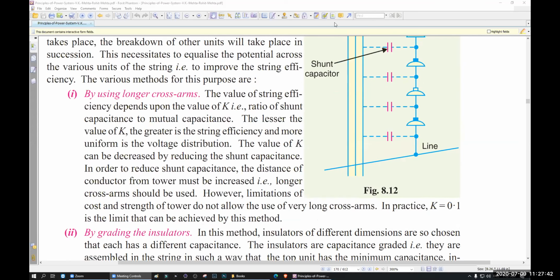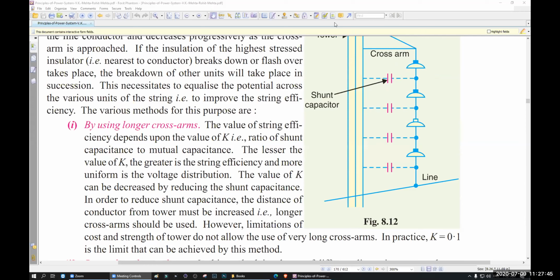So in practice, what is done? In practice, they keep all the disks the same. This one, they make it bigger. Why?